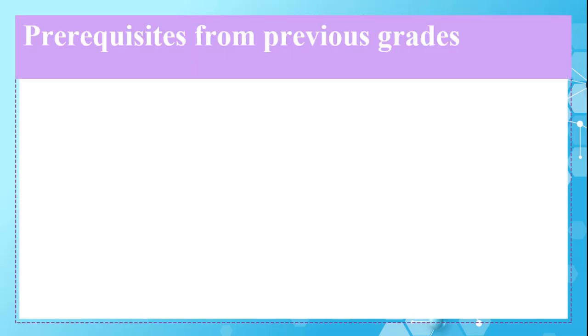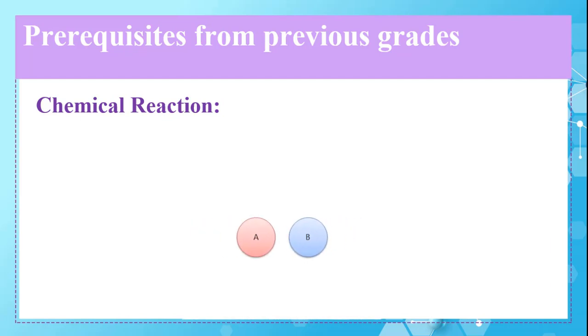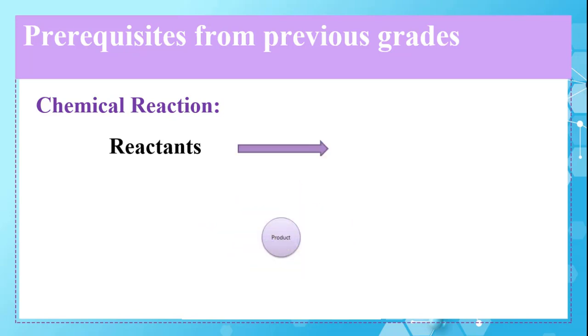From previous years in chemistry classes, you already learned about chemical reactions. In a chemical reaction, molecules collide with each other, so bonds are broken, new bonds are formed, and reactants are converted into products.